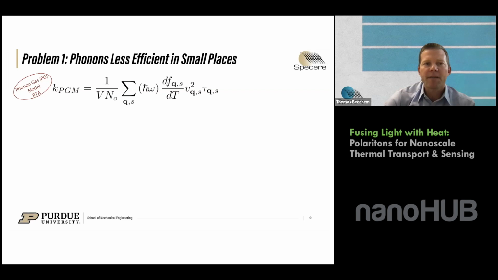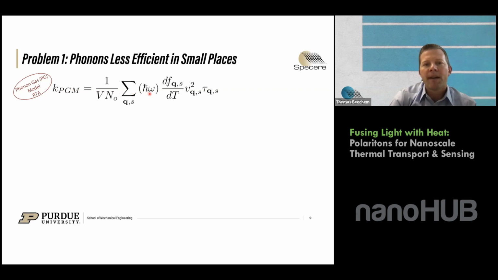To explain that, let's just look at the phonon gas model, which is our first cut way of thinking about thermal transport. This is a little bit of a hairy equation, but let me explain what you should be looking at. Really, what we're going to do is count all the heat carriers. That's the summation.